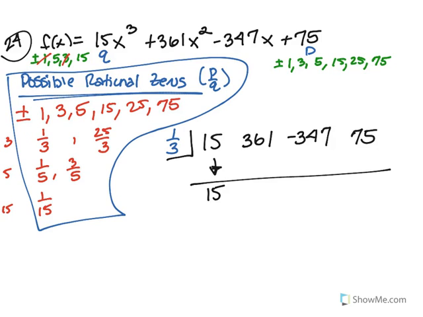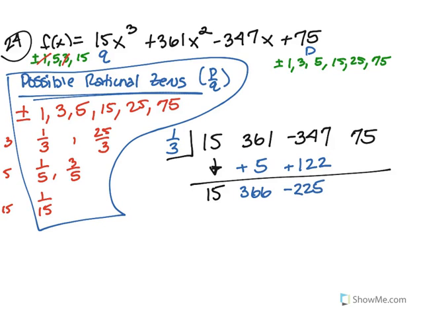So 15 divided by 3 will give us 5. And you're going to add 361 plus 5 would give us 366. Divided by 3 would give me 122. You're going to add that to a negative 347, and that would give us a negative 225.